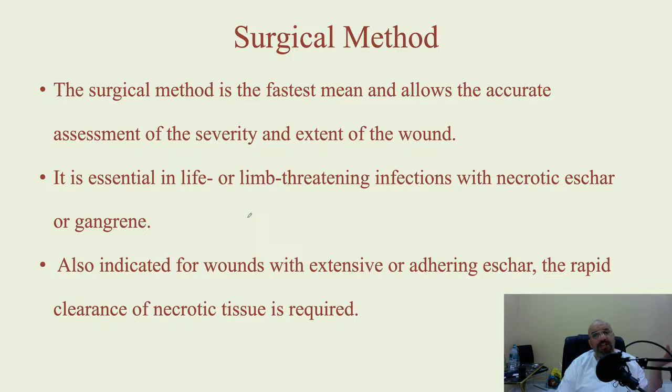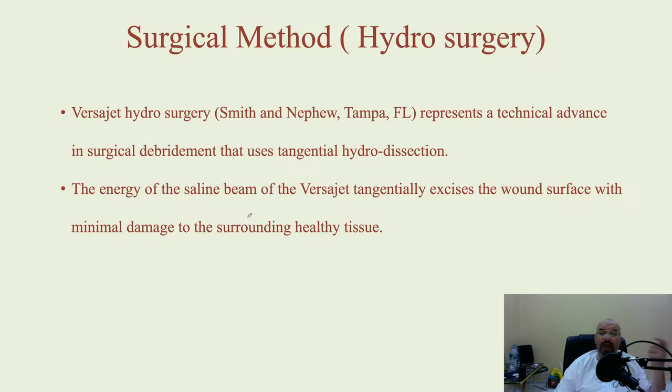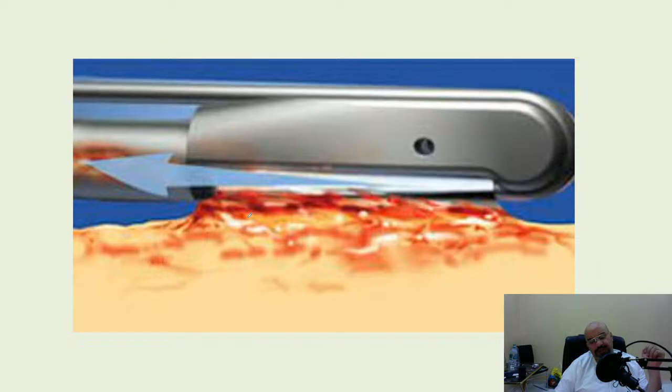For surgical debridement, as we are referring to now, there are two famous techniques: either direct, by knife or blade, or by using hydrosurgery, which originated with VersaJet Hydrosurgery by Smith & Nephew at the beginning, and now we have a lot of types of this hydrojet. I hope the video plays.